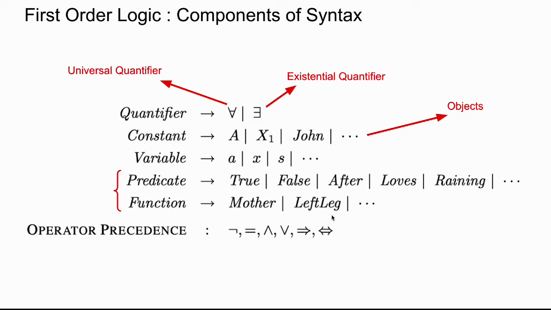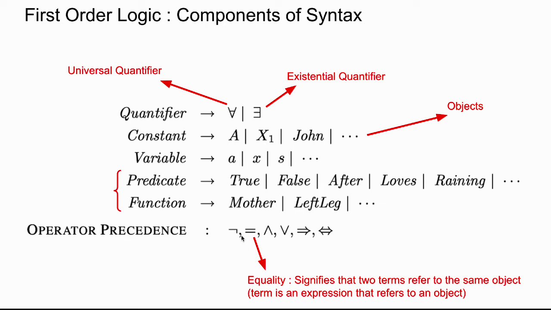And then you have functions, which are described over the objects. Now, in terms of the various kinds of operators and connectives, all of that what we used in propositional logic is still there, but in addition we also have a new operator, which is equality, and this signifies that the two terms are referring to the same object.